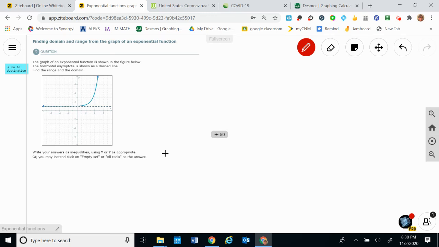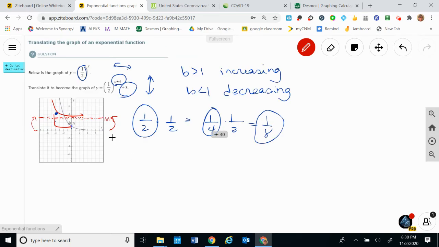Okay, it says the graph of an exponential function is shown in the figure. The horizontal asymptote. Okay, so the asymptote is where it would never hit. So this is called an asymptote.